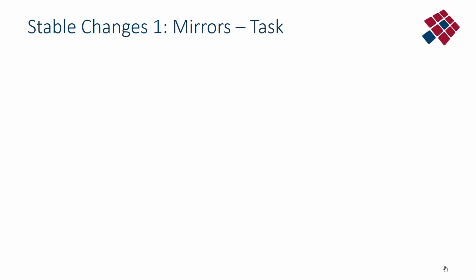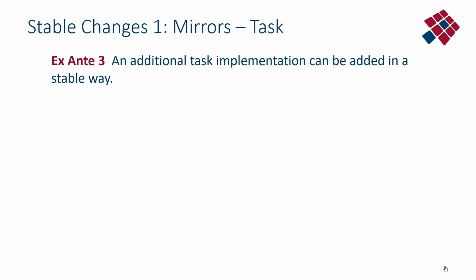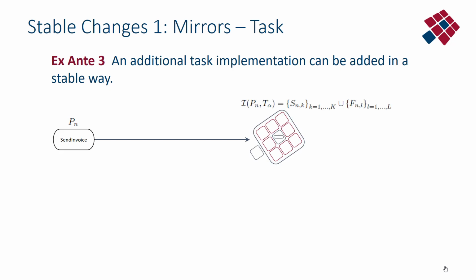Some other stable changes we guarantee that you can do are located at task level. You can have an additional task implementation in a stable way. Suppose you have a task entity, you want a new implementation, yes, add another implementation. The only thing you really need is an additional implementation delegate class and basically nothing more.